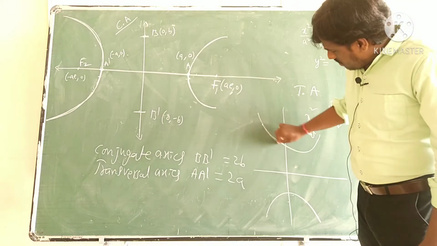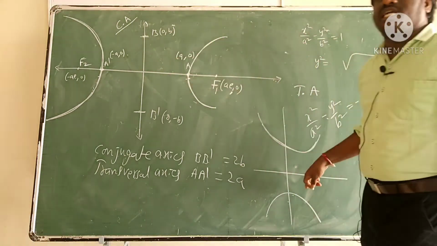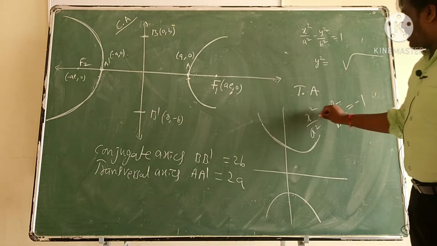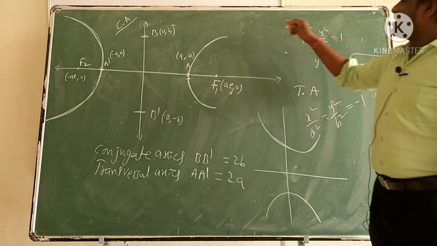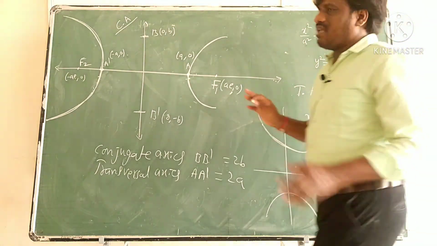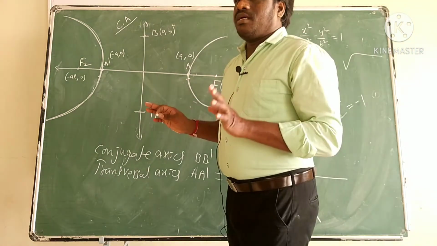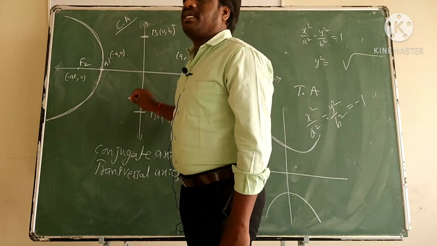This is the hyperbola, x square by a square minus y square by b square equal to plus 1, and this is the conjugate hyperbola, equal to minus 1. Asymptotes will also be there.